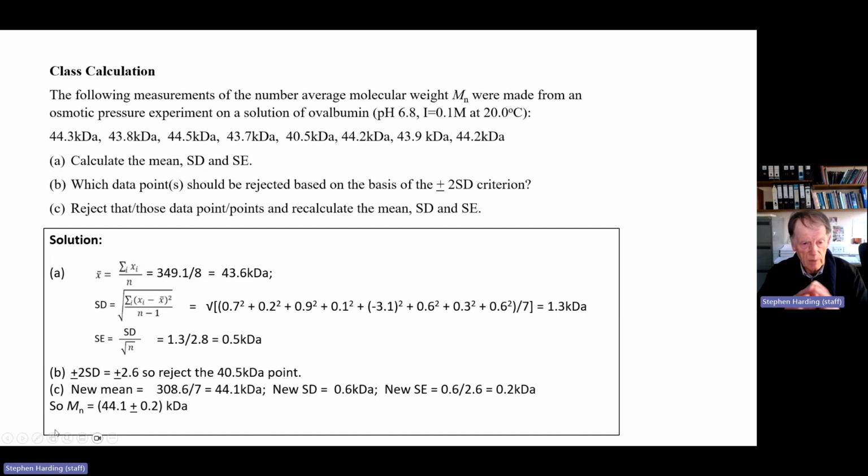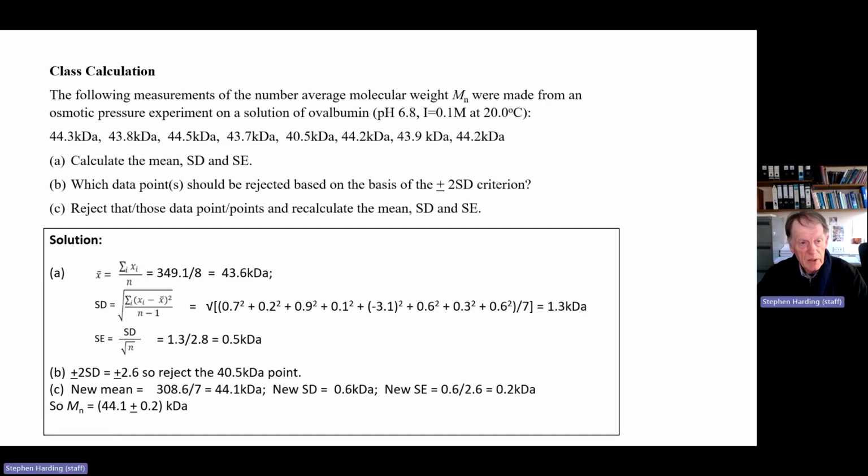So that's how to cope with a set of data and to apply an objective criterion to accept or reject data points. In fact, we've accepted 7 and rejected just one of the data points and recalculated the mean and the standard deviation and standard error here. Okay.